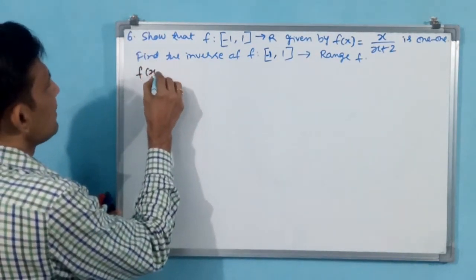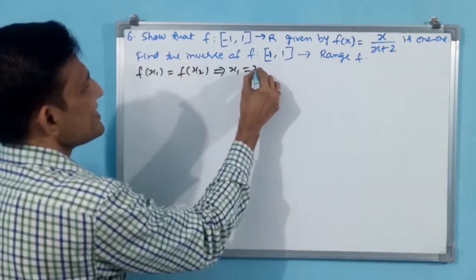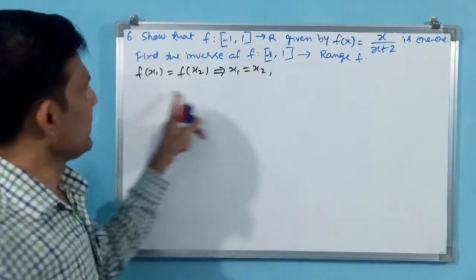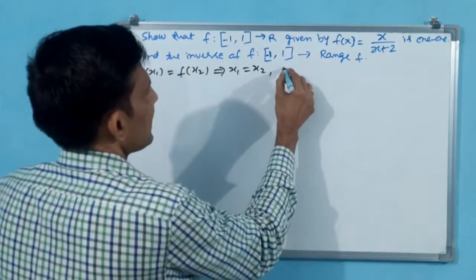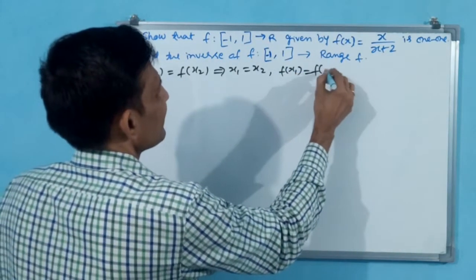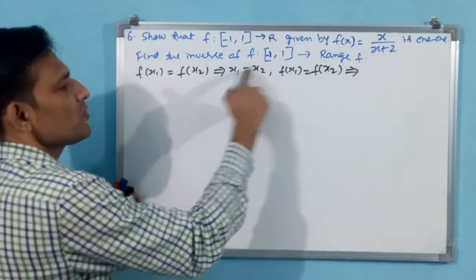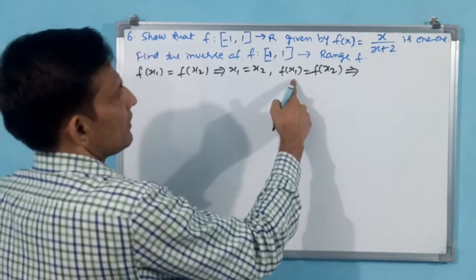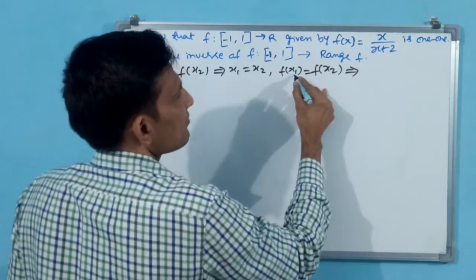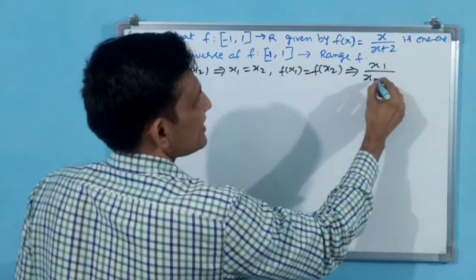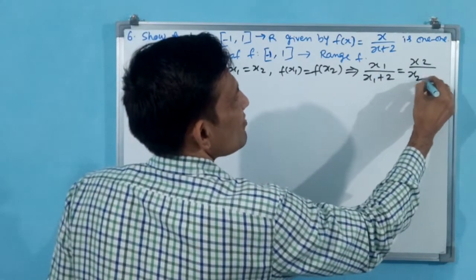See, f of x1 is equal to f of x2 implies x1 is equal to x2. If this comes, then this function is one-one. Now I am writing f of x1 is equal to f of x2 implies, like that you have to write. Now x by x plus 2 means x1 by x1 plus 2 is equal to x2 by x2 plus 2.